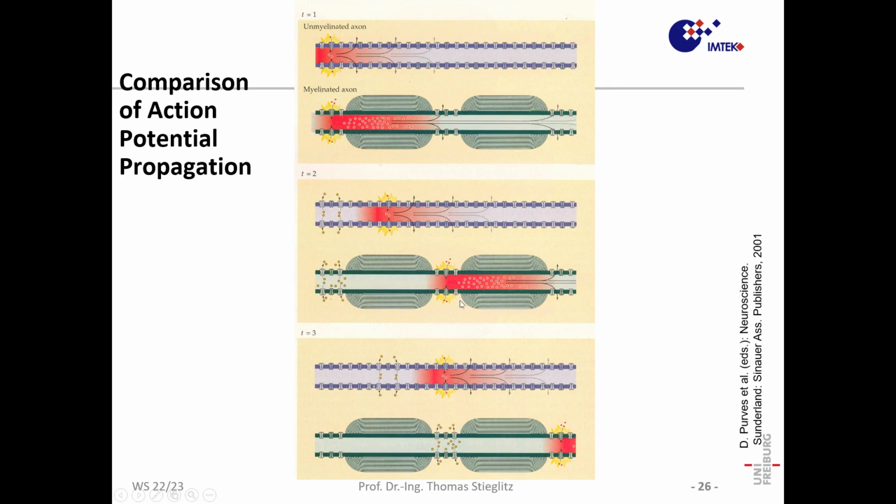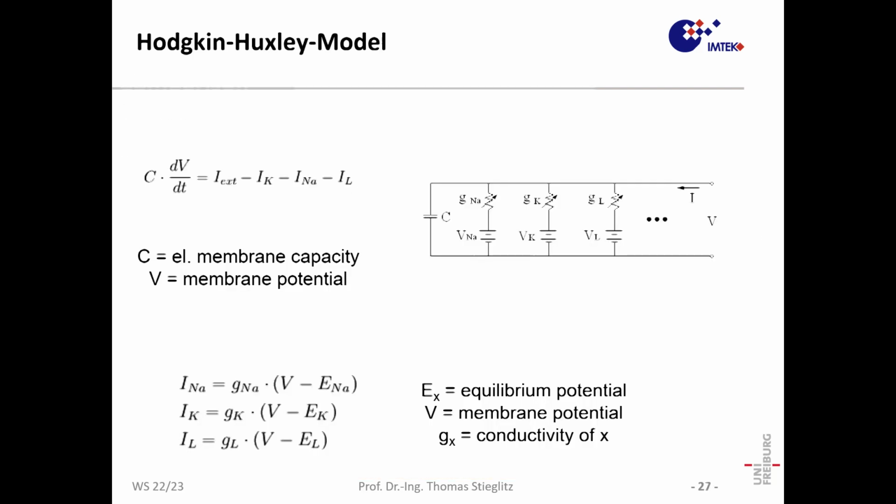And yeah, that's the same in different pictures again, to see that the myelinated nerve fibers are much faster. This whole description, action potential, influx of sodium, outflux of potassium, how length constants and whatever come into play, has been described by Hodgkin and Huxley.